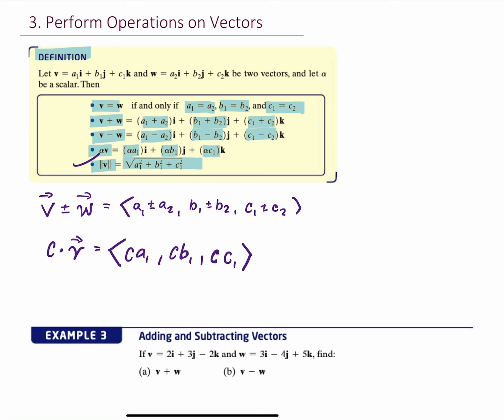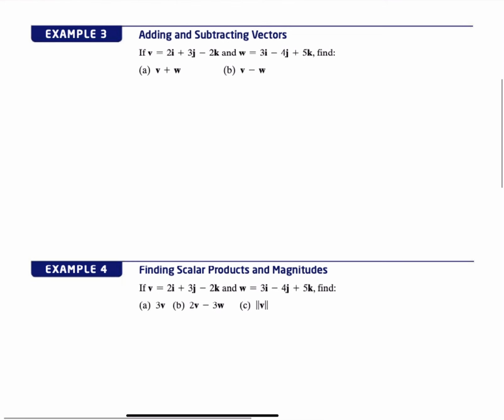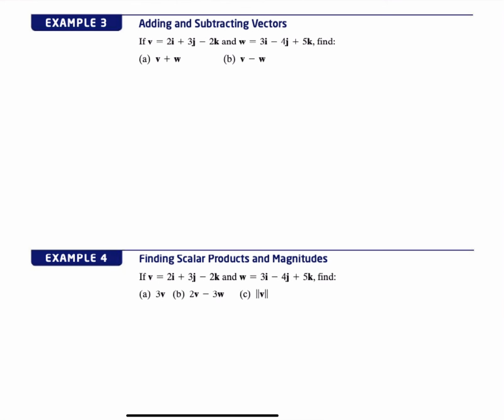All right, let's get some practice working with some of these operations. So we have vector v, can write that as 2, 3, negative 2. And vector w is 3, negative 4, positive 5.